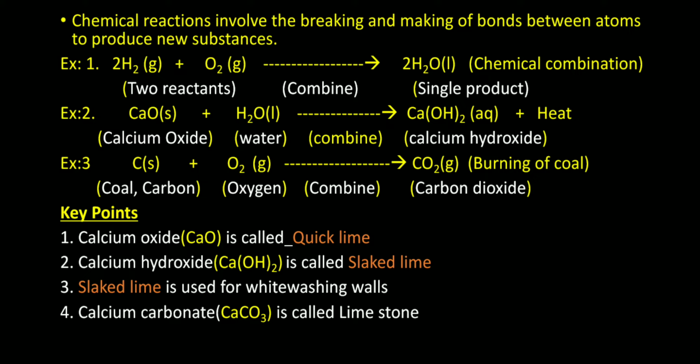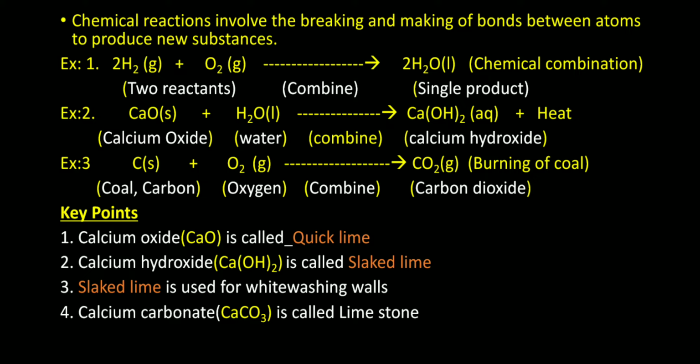See here, I balanced this equation. 2H2: there are 4 hydrogens on the reactant side and 2 into 2, 4 hydrogens on the product side. 2 oxygens on the reactant side and 2 oxygens on the product side.